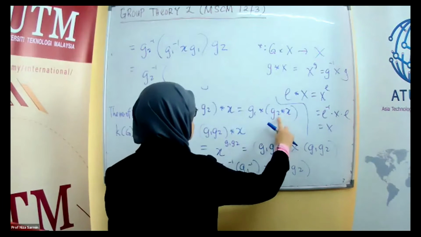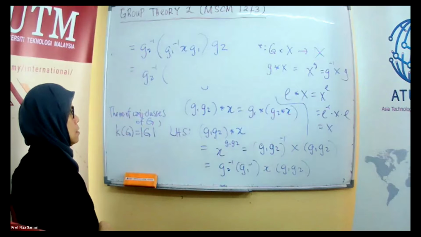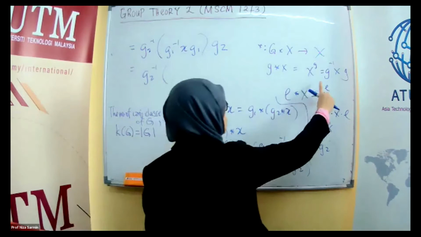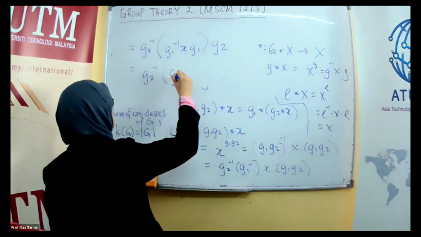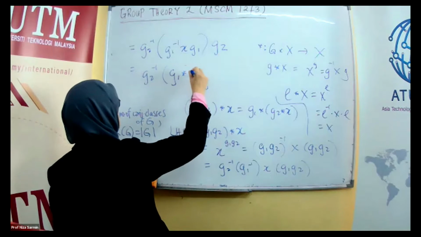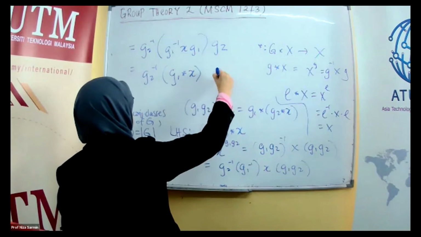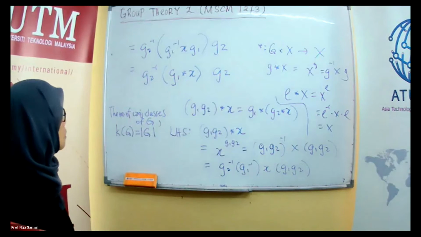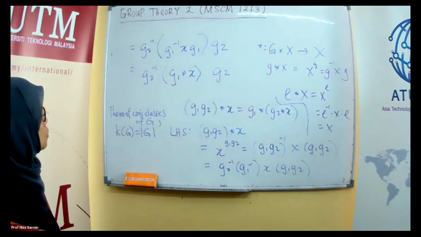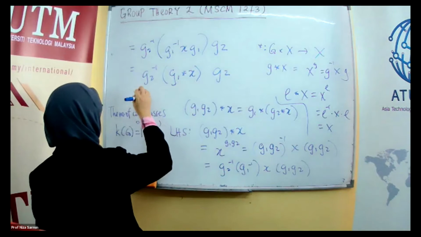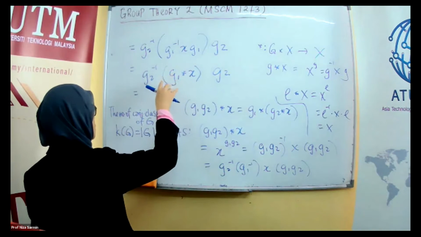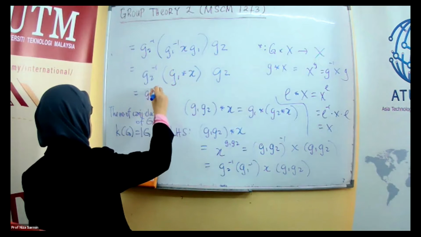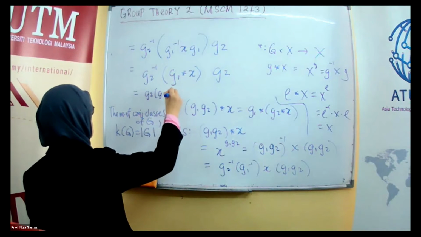We want to show, right? Which is, if G2X is G2 inverse X G2. G1, sorry, G1X. Then G2. So this is G2 of this, right? So G2 of G1X.